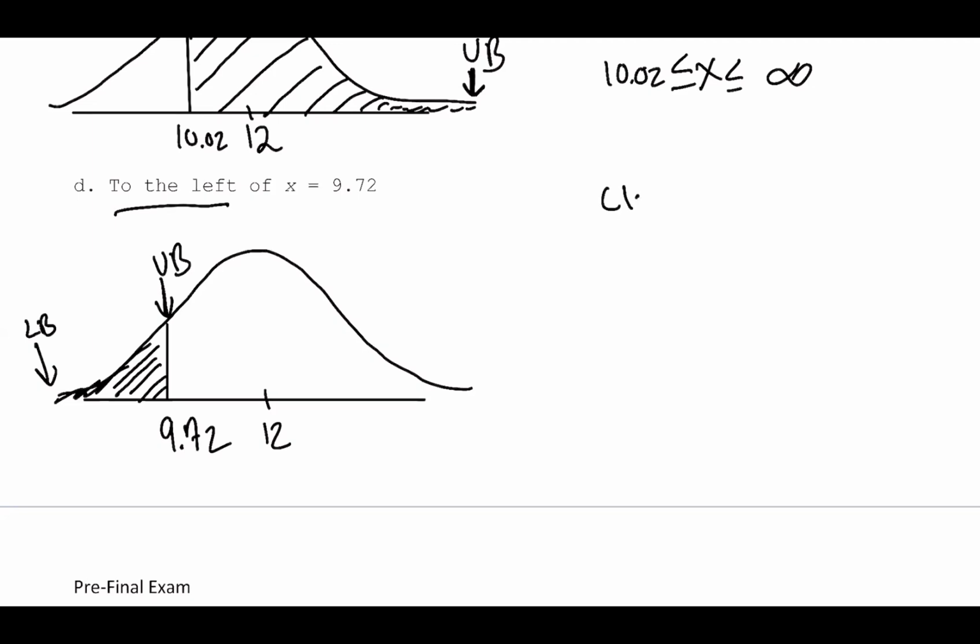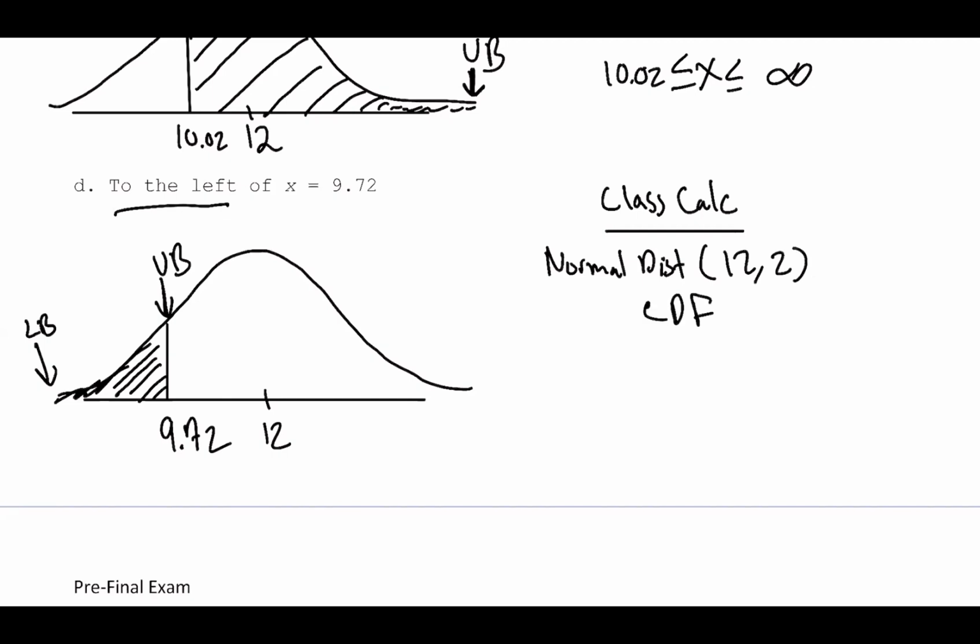So we're going to do Class Calc. For Class Calc, we're going to go ahead and do normal distribution. We'll put a mean of 12, standard deviation of 2. We'll choose CDF, and then we'll enter our lower bound and our upper bound.